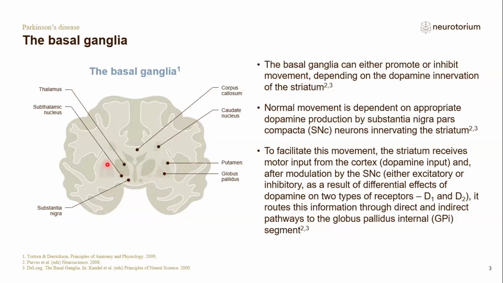So you have the striatum, putamen and caudate. Then you have neurons that go to the globus pallidus internal segment, and also some go to the thalamus, okay? And they are usually inhibitory to the thalamus. So they inhibit the thalamus, in other words.